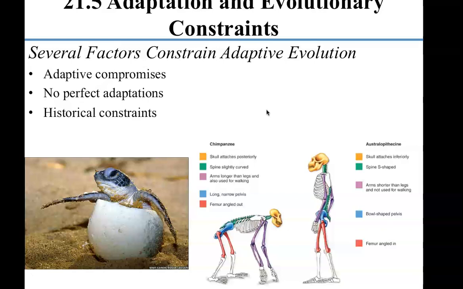And so walking around on two legs is fine, but we're constrained. In other words, our spine and our muscles, and our feet and legs and knees and so on, are still adapting to walking around on two legs. So the muscles and the bones and so on are constrained by the historical adaptations, the adaptations that let us walk on four legs, and now we're trying to use them to walk on two legs.